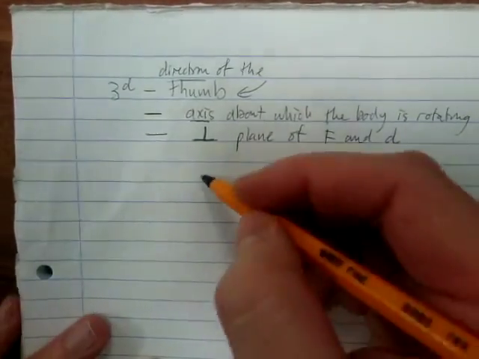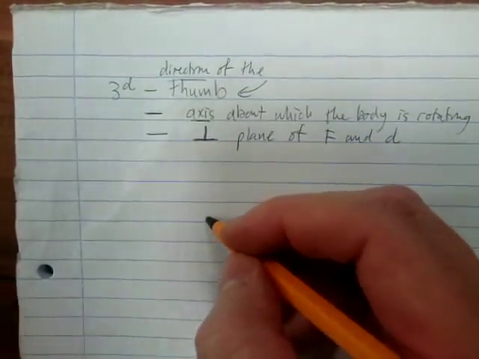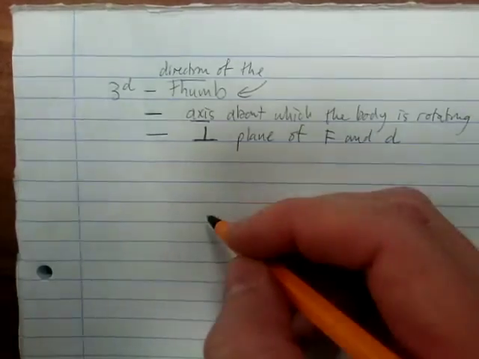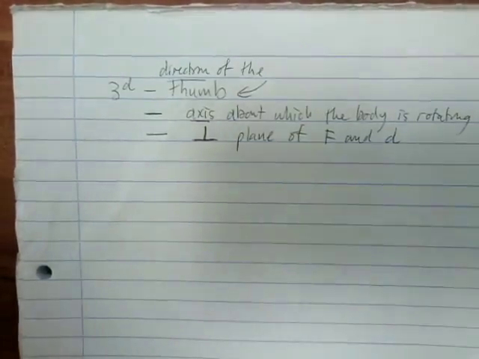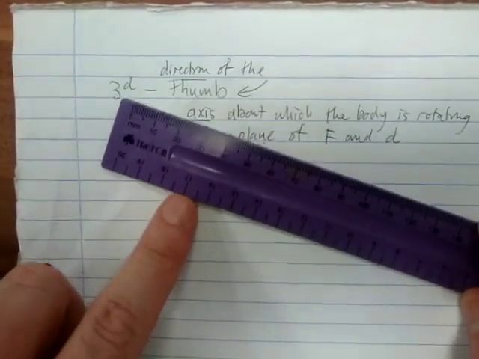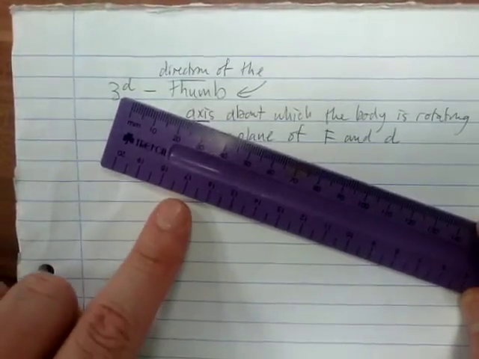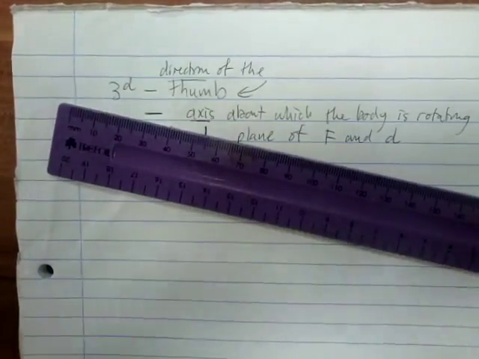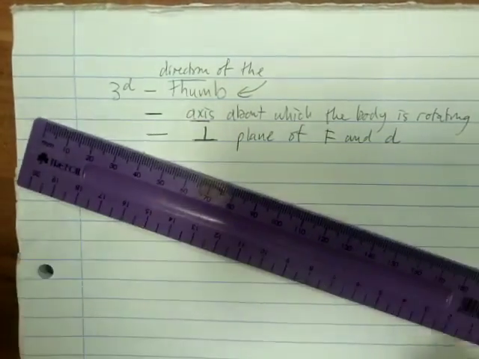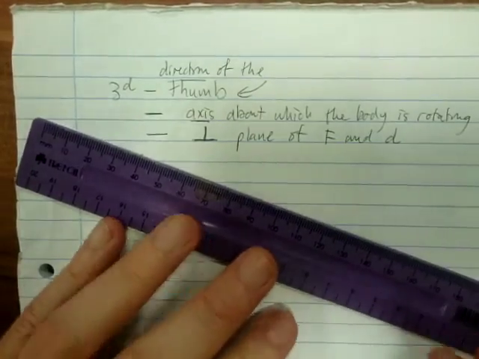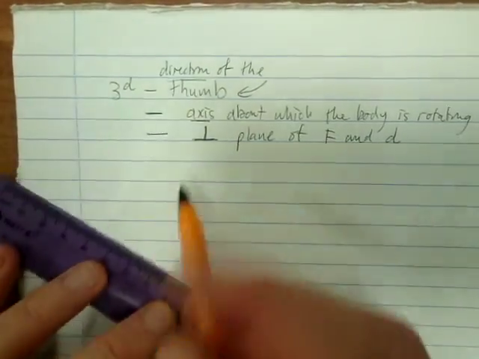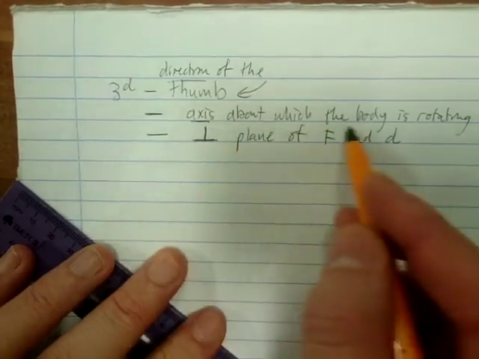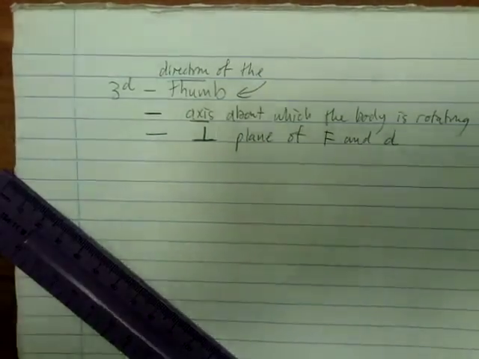So, guys, when we talk about the direction of a force, it's very easy to understand. If I apply a force to a body like that, then the direction of that force is along the line of action. However, the direction of a moment, in three-dimensional space, is the axis about which the body is rotating.